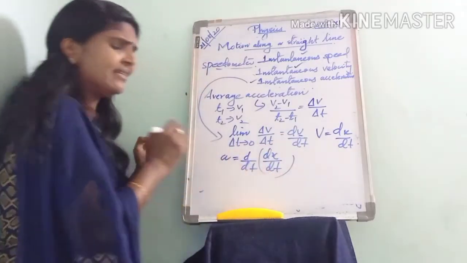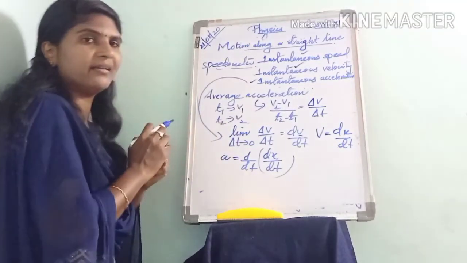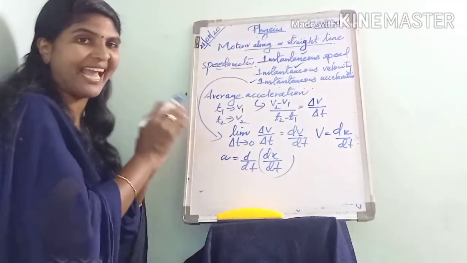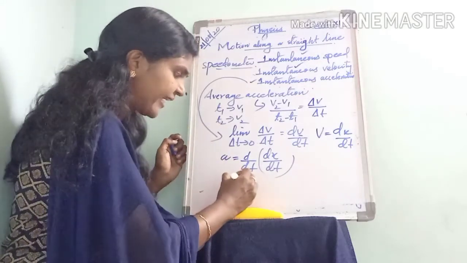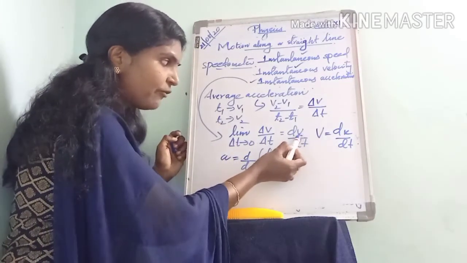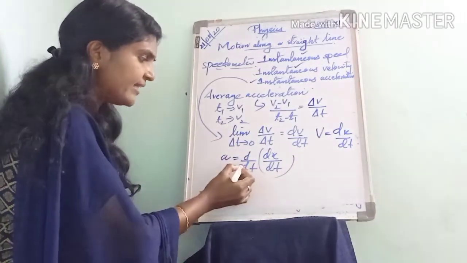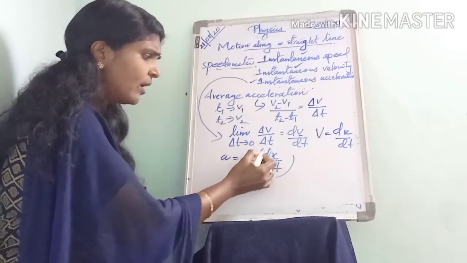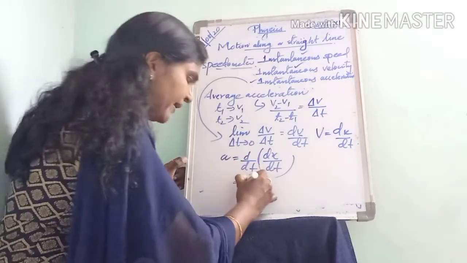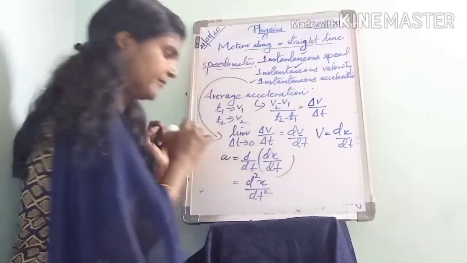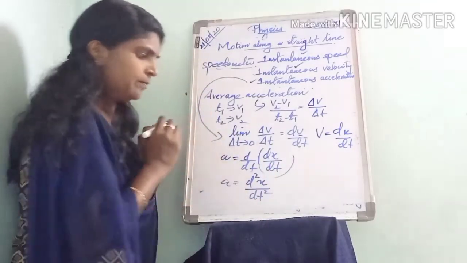Here we cannot cancel d, which we already learned in the previous class. d is an operator. When this operator goes inside the bracket, it becomes d square x divided by dt square.